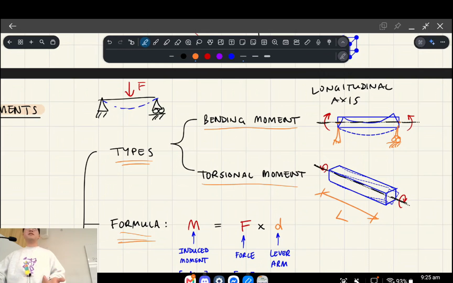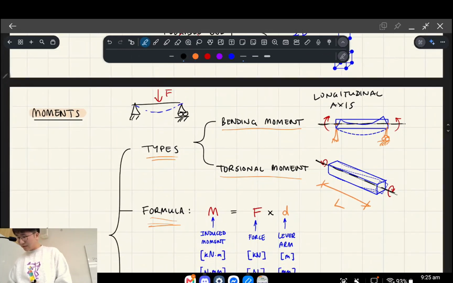Or torque being applied to it. So just keep in mind this imaginary axis called the longitudinal axis that runs through your beam. It's not imaginary, but just visualize this longitudinal axis that runs through your beam or whatever structural member, and then moments that are applied to it, think of them as bending moments or torsional moments, depending on how that twisting or bending happens, okay?